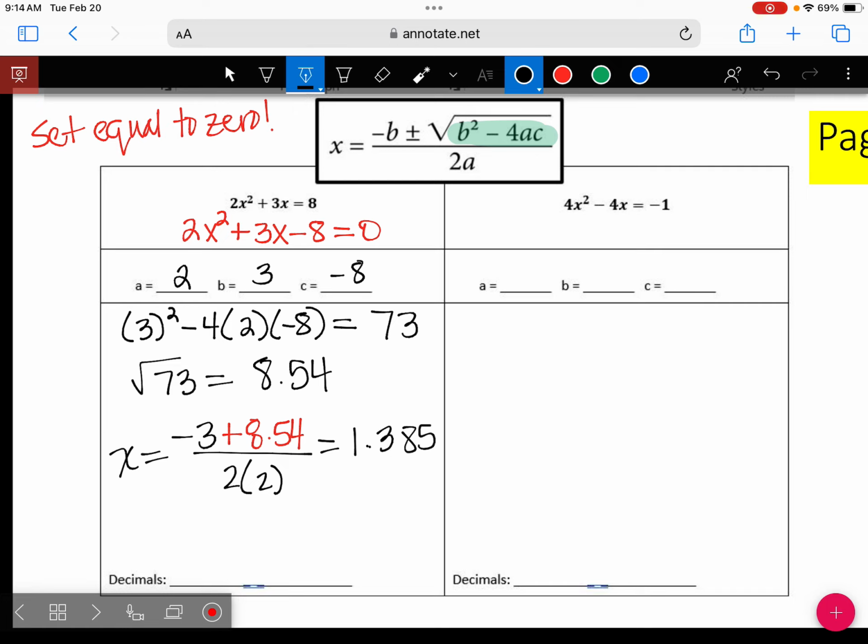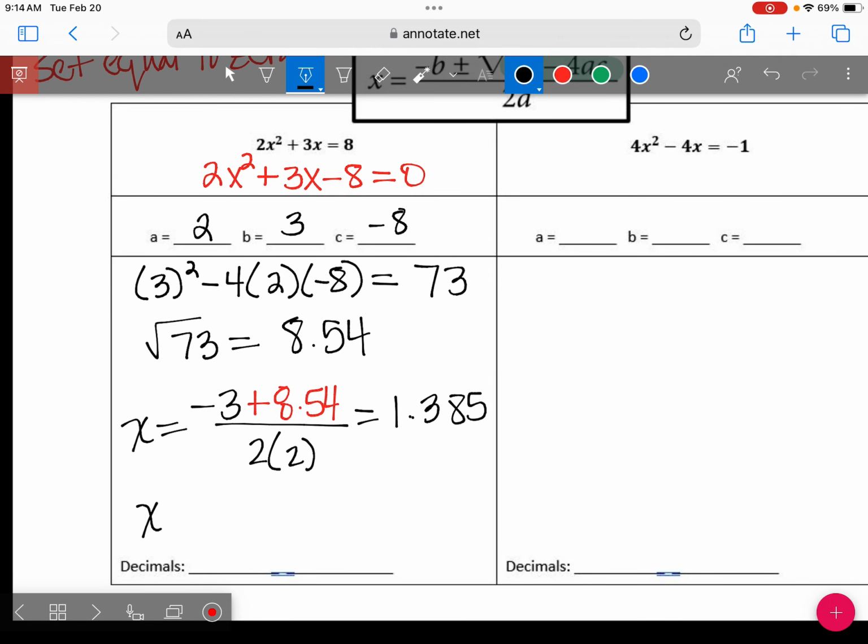Now we're going to do it again, except this time, instead of a plus, we're going to use a minus 8.54, all over 2 times 2. Go ahead, type that in.